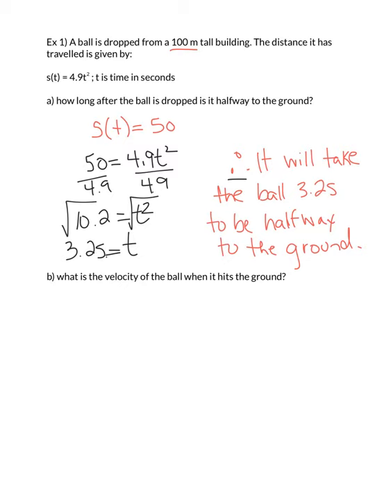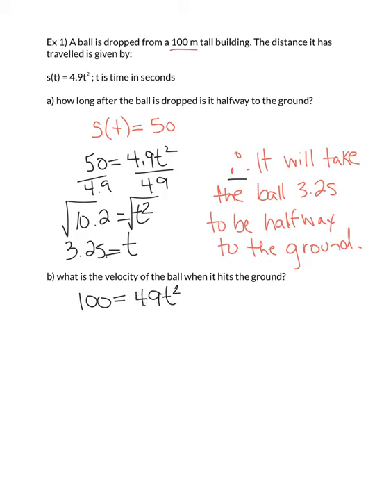The next question says, what is the velocity of the ball when it hits the ground? So before we can even do anything involving derivatives for this question, we need to figure out how long it takes for the ball to hit the ground. We know that the building is 100 meters tall, and so we are going to be doing the exact same thing as in question A, setting our S of t equal to 100.